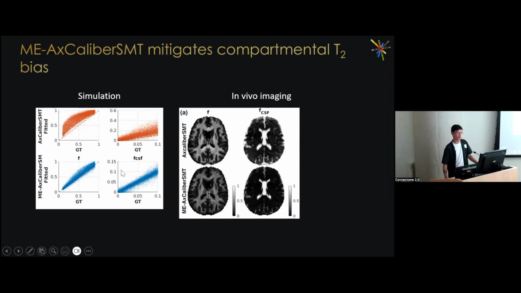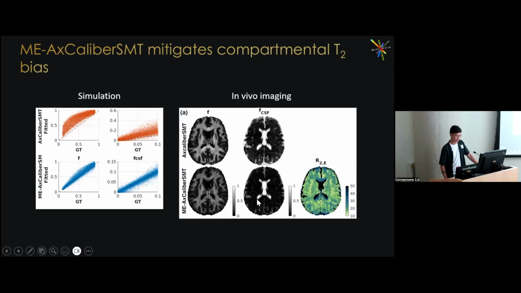This is supported by our in vivo data, where the proposed method shows a little bit lower intra-axonal fraction and CSF fraction estimates. In addition, we also obtain an extra parameter, the extracellular T2, which we still need more investigation to study what information it contains.